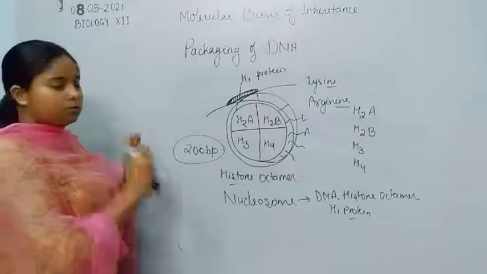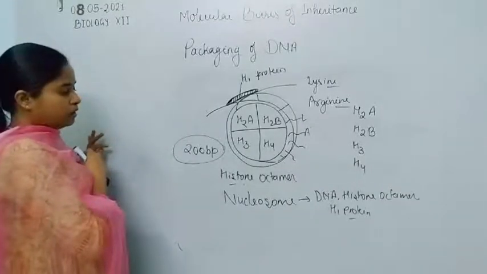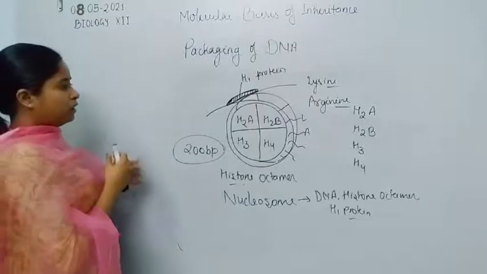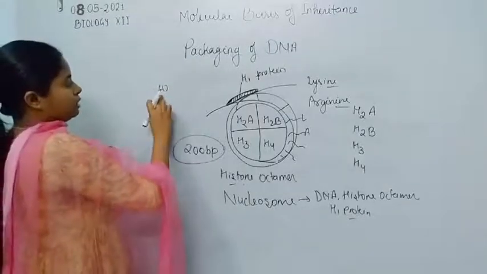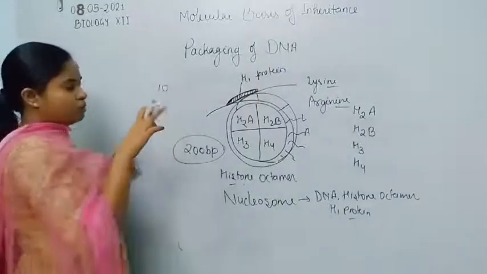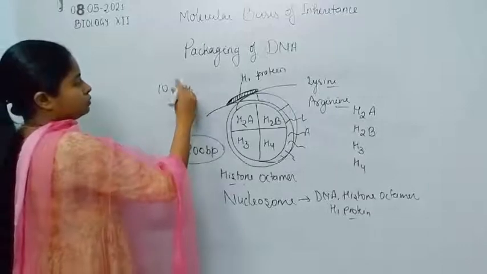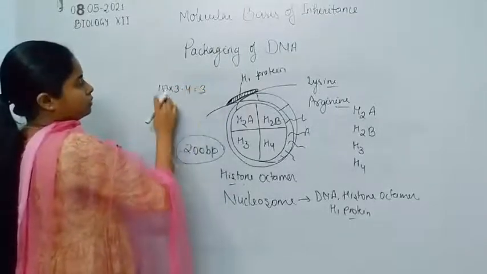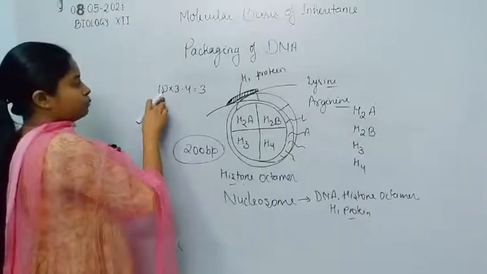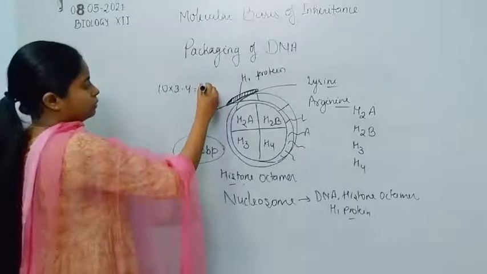For example, if there are 10 base pairs in a length, then between two base pairs the length is about 3.4 angstrom, so the total length including 10 base pairs of DNA is 34 angstrom.